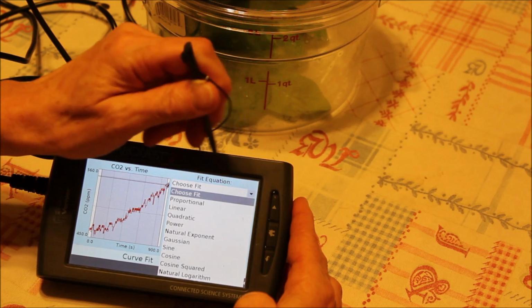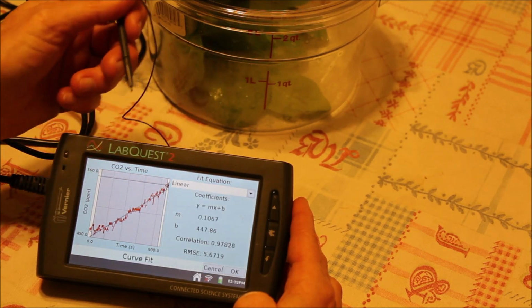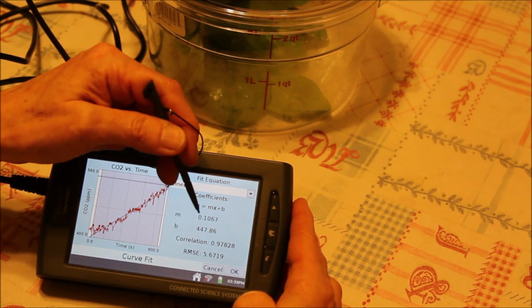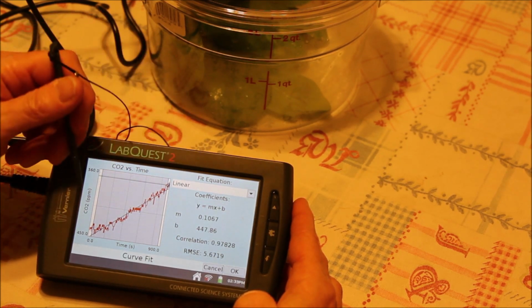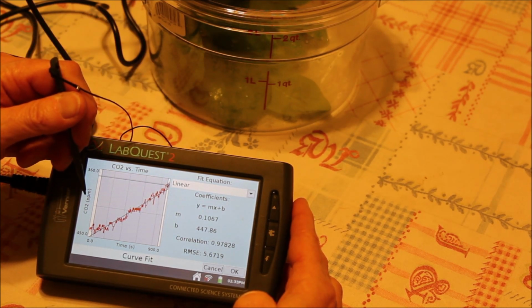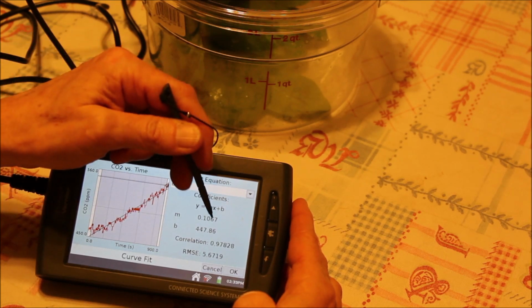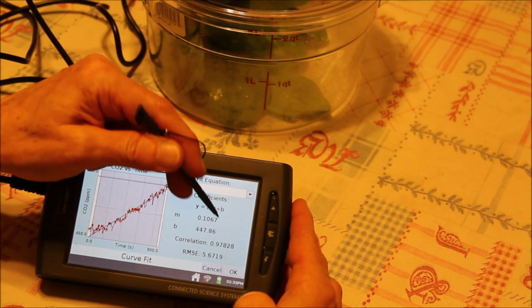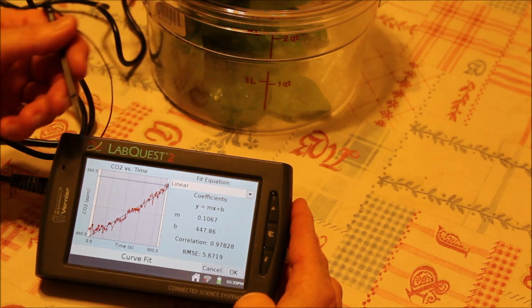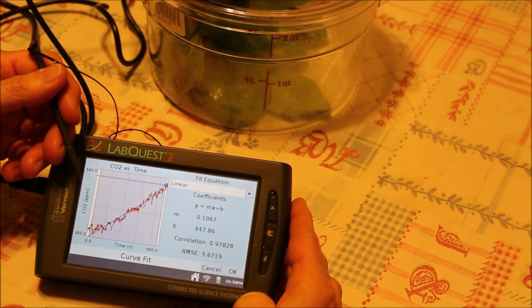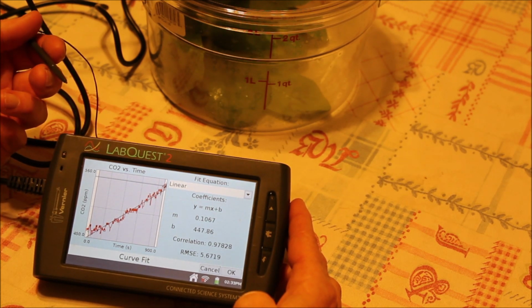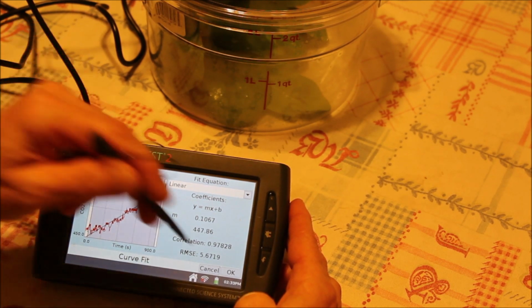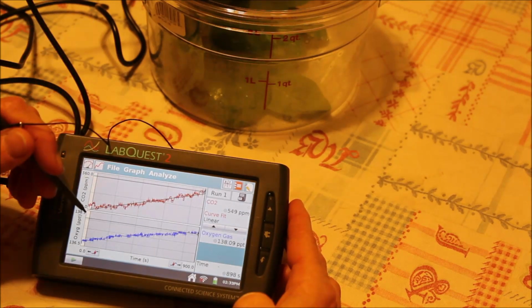You just pick linear curve fit, and this is the actual rate for the carbon dioxide emission in parts per million per second. This is how much it emits carbon dioxide. Carbon dioxide is not going to be used because it was dark and photosynthesis did not take place at that point.